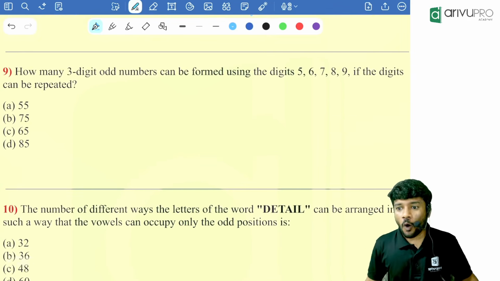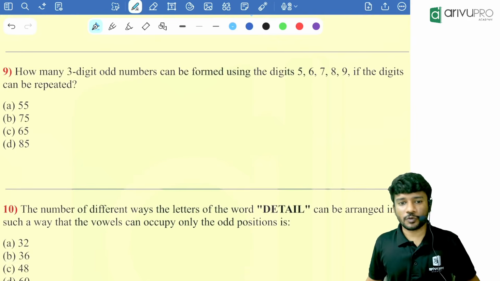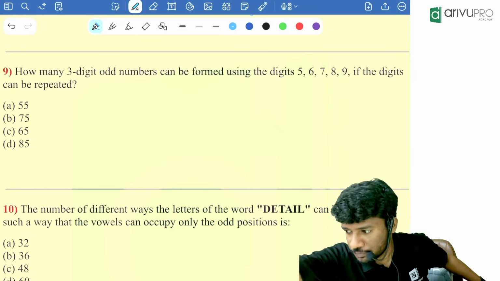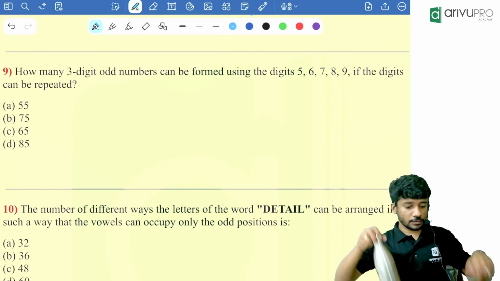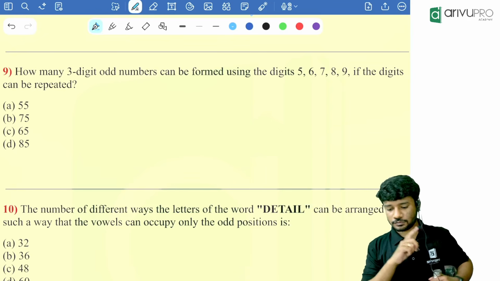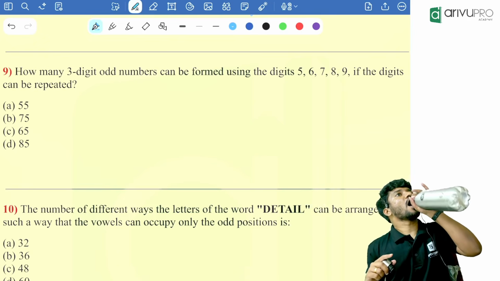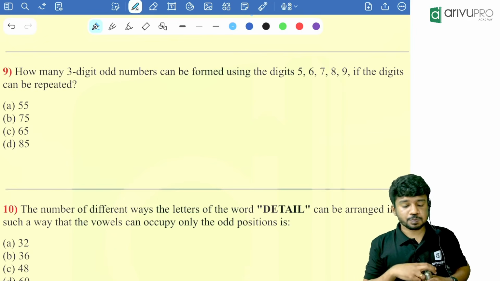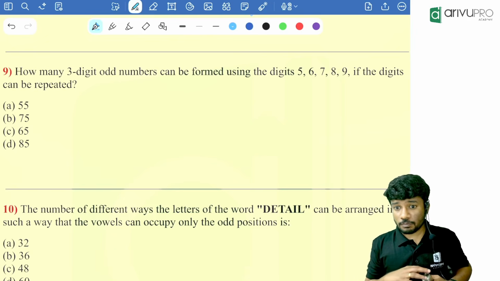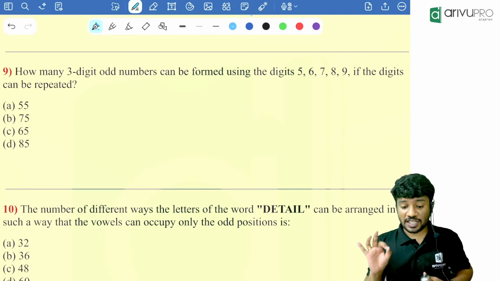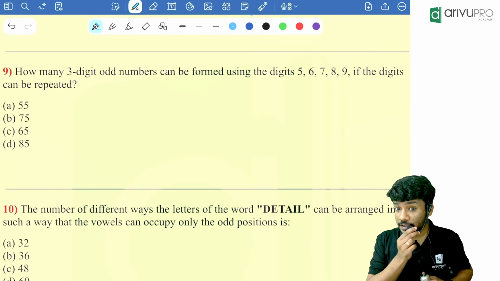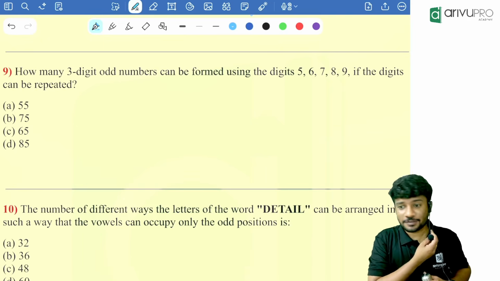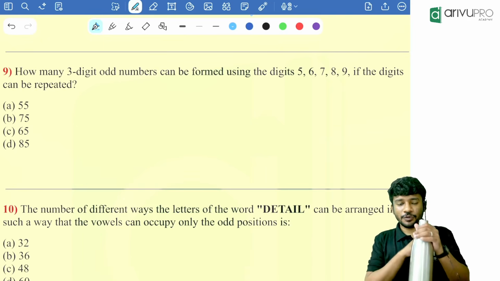How many odd numbers can be formed is the question. And read again. Digits can be repeated. Okay, that is important. I'll show you with an example.